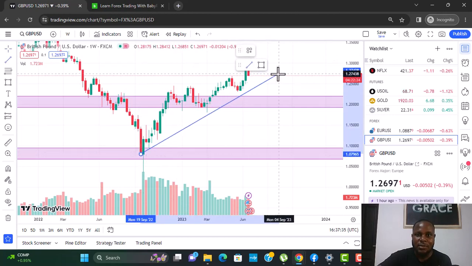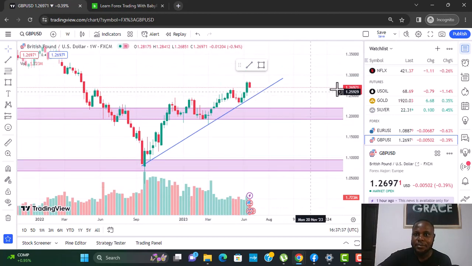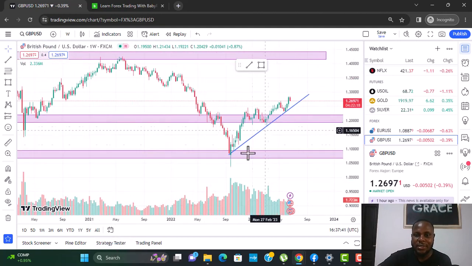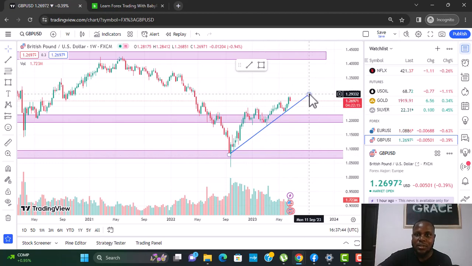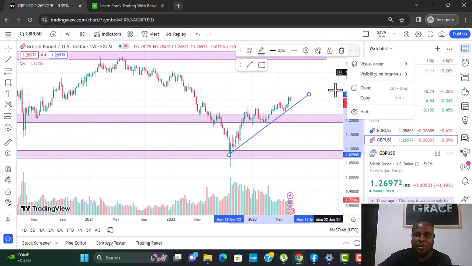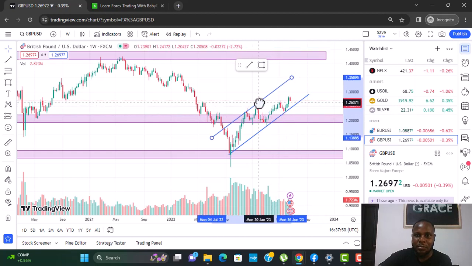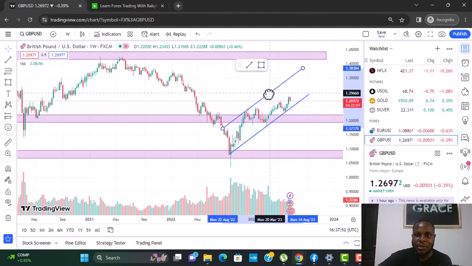So let's say, for instance, something like this. This lower trend line is guiding this uptrend. Of course, there might be manipulations around this trend line from time to time, but it gives you a rough range of how the market will move in the future.